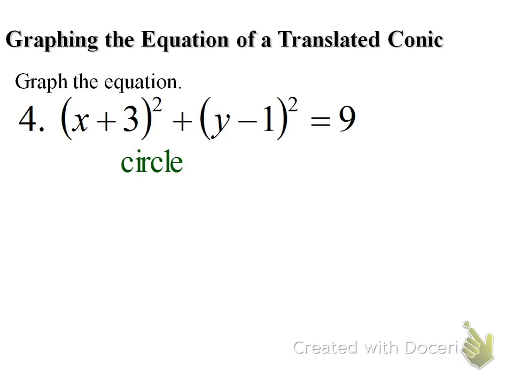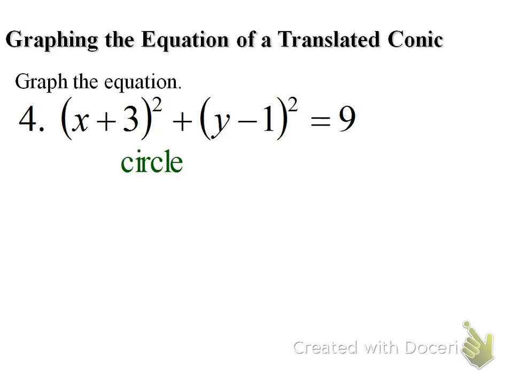Nice. We know it's a circle because there are no coefficients here. If this was like a 9 and this was like a 3, then we try dividing everything by 9, see if it fits into the ellipse or hyperbola category. It's obviously not a parabola because both variables are squared. This is a perfect square. That's kind of a good tip-off. It's a circle too. Those are pretty easy.